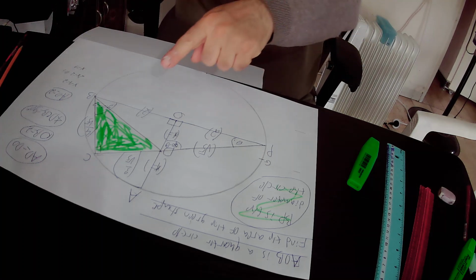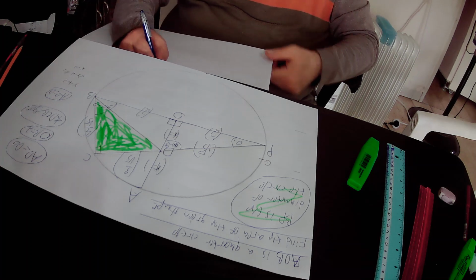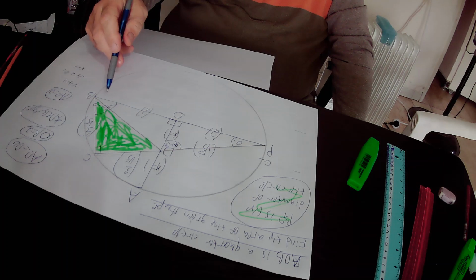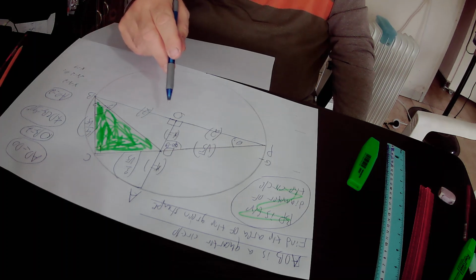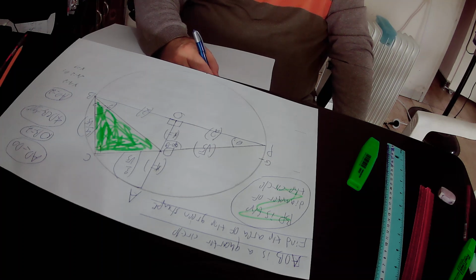Our mission is to find the area of this green shape. The area of the green shape is equal to the area of the green right triangle DCB.